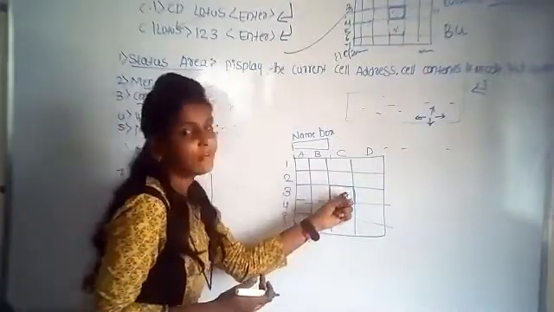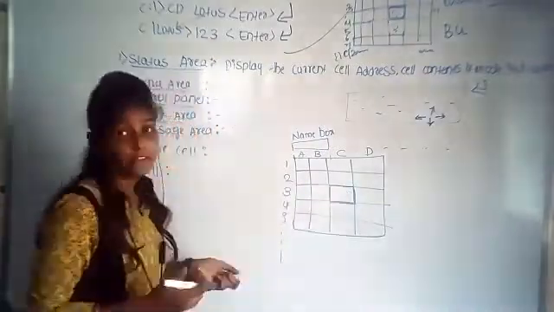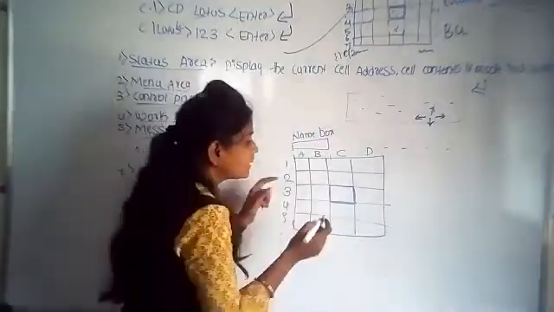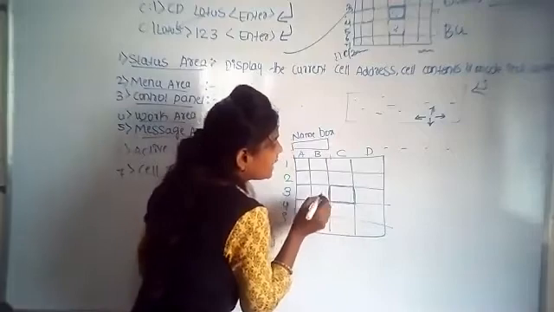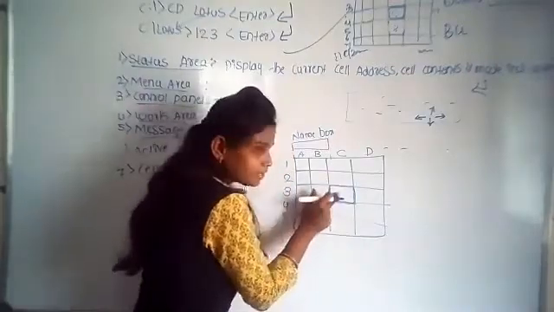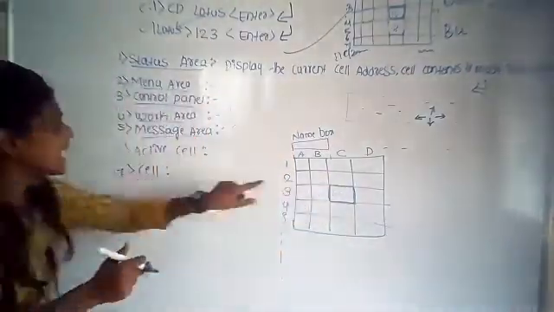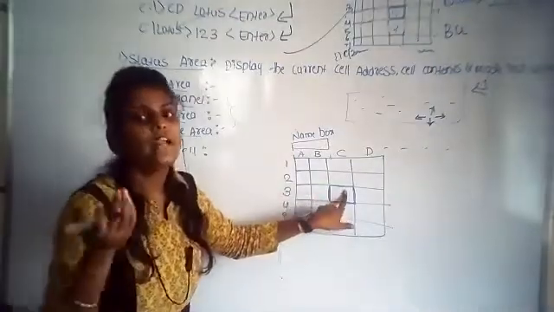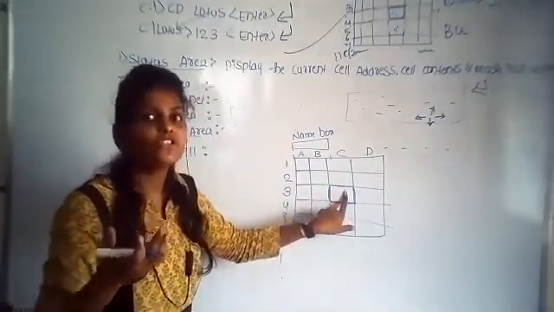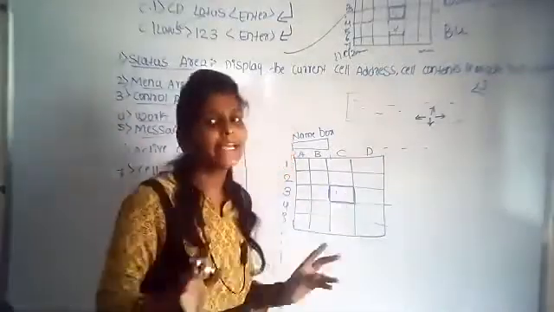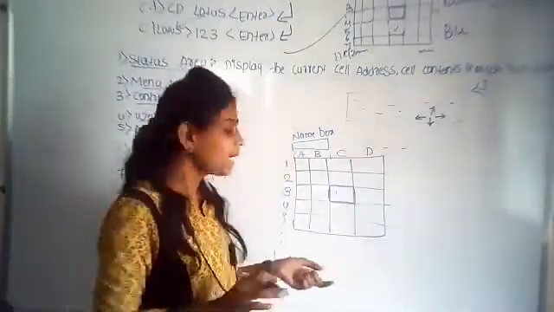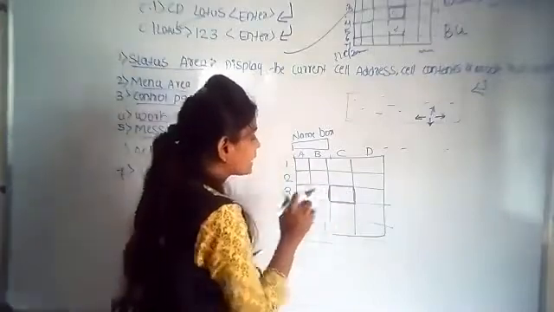So each grid has its own name. Here I clicked with the help of the mouse. So this is the active cell now. This is called an active cell, meaning it is ready to take information, ready to take data. You can enter here 1, 2, 3, 4, any data you like.